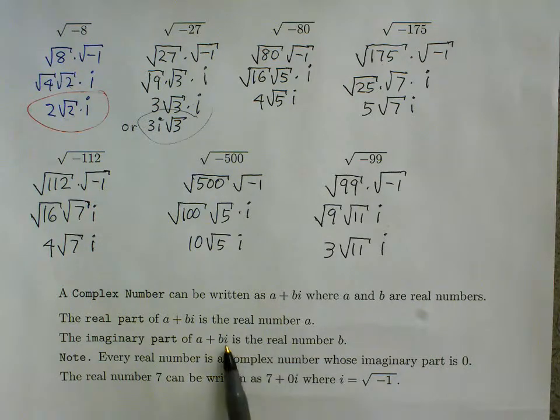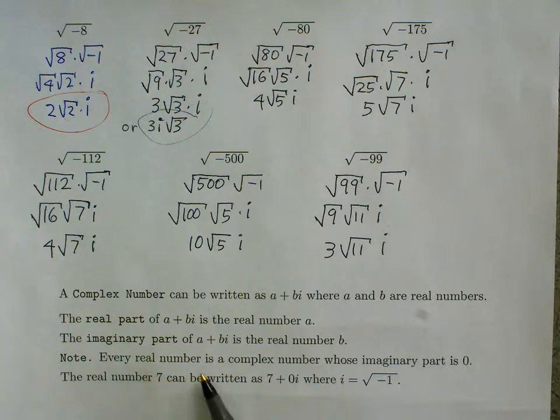It's like the coefficient of i. And note that every real number is a complex number whose imaginary part is 0. As an example, the real number 7 can be written as 7 plus 0i, 0 times i, where i is the square root of -1.